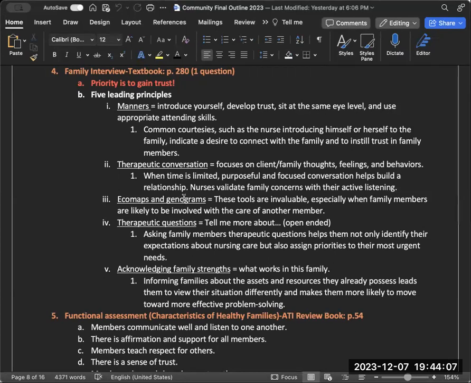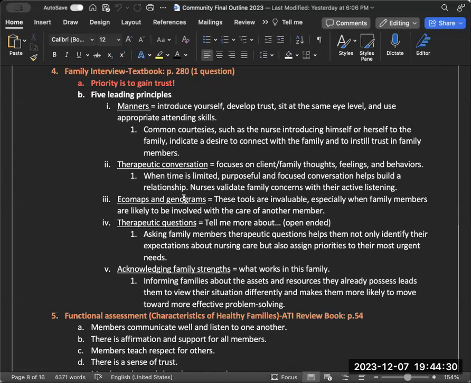Okay. The next thing is therapeutic conversation. It focuses on the client's family thoughts, feelings, and behaviors. So we want to talk to them in a way that can validate their feelings. We can use ecomaps and genograms. These are tools we already talked about to help see the relationships between the families and other people.